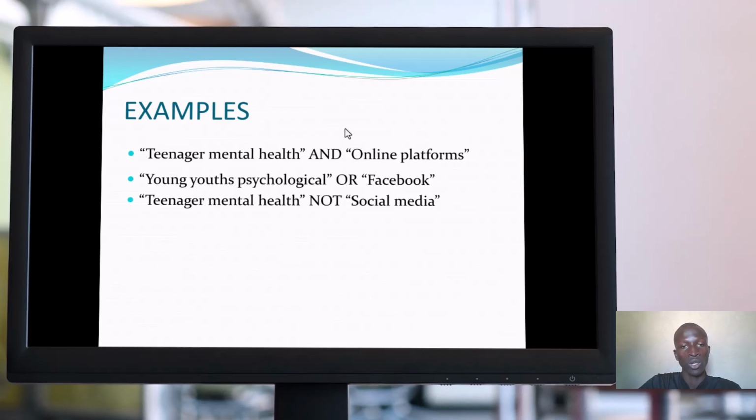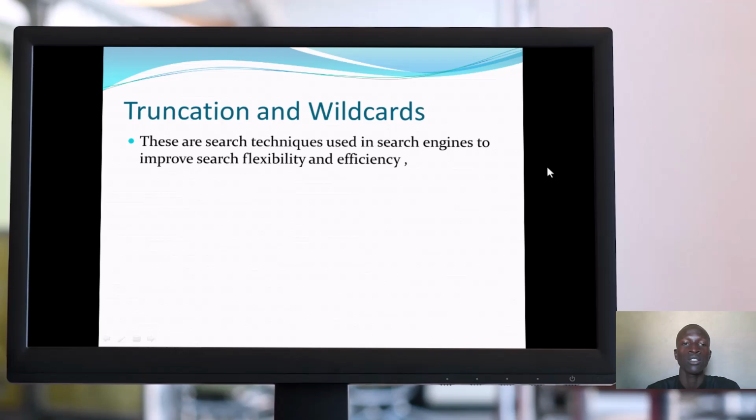But when we use OR, we are going to either find our results on young youth, psychological, or Facebook only, or we can find them both at once. But now, when it comes to teenager mental health NOT social media, here we're going to have only the results based on teenager mental health. This is the way it helps to refine our searches, the advantage of those Boolean operators.